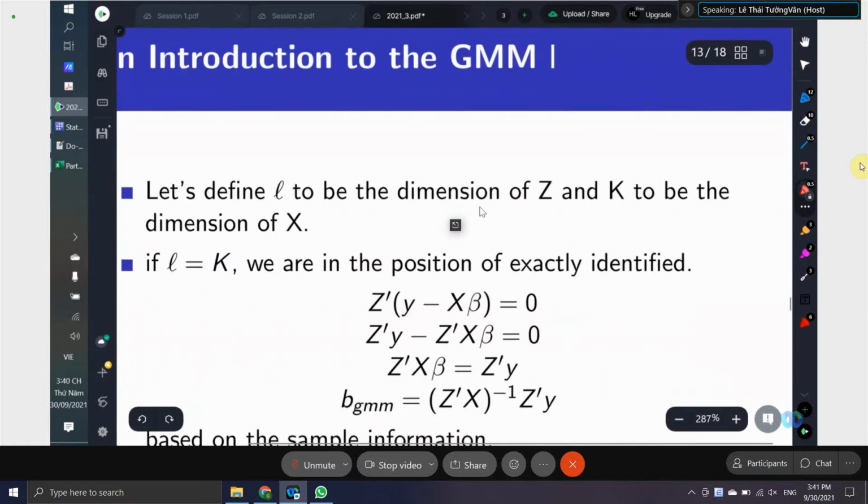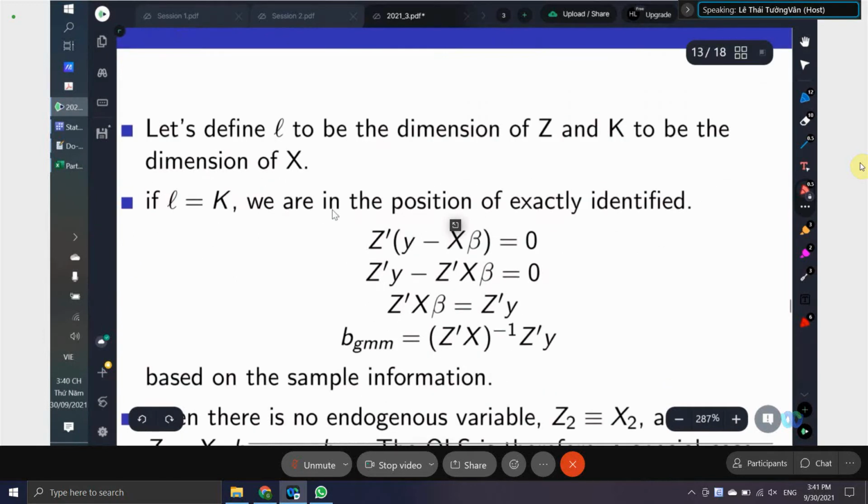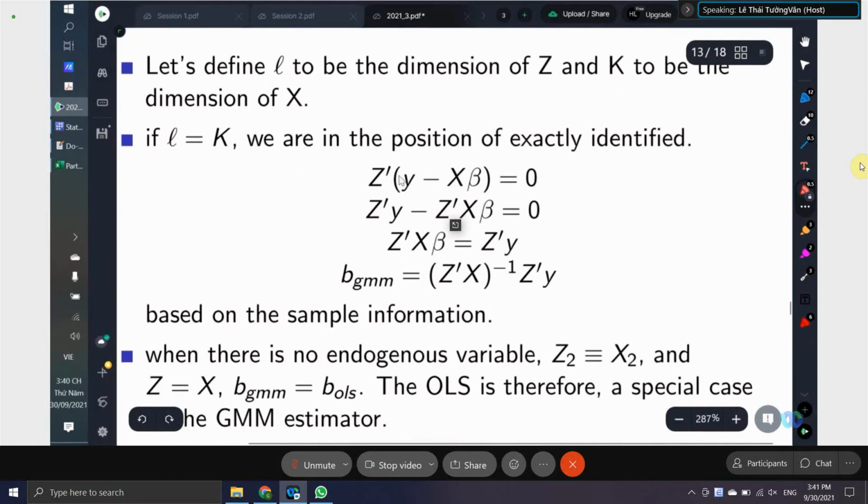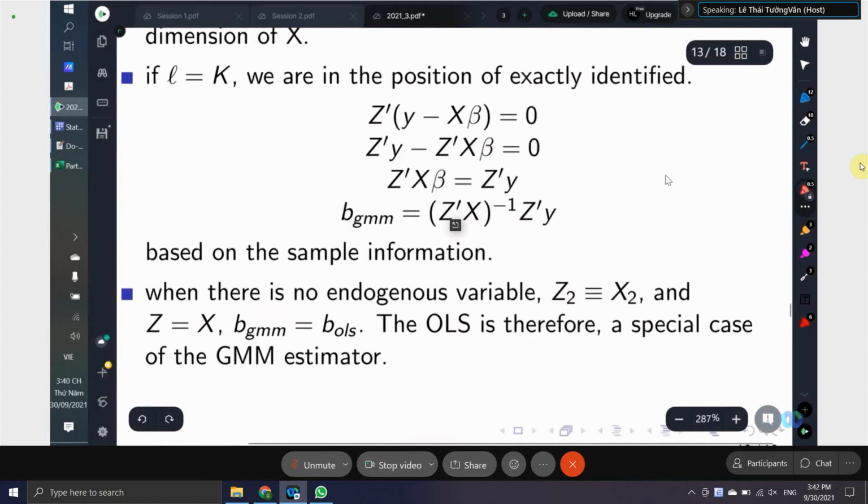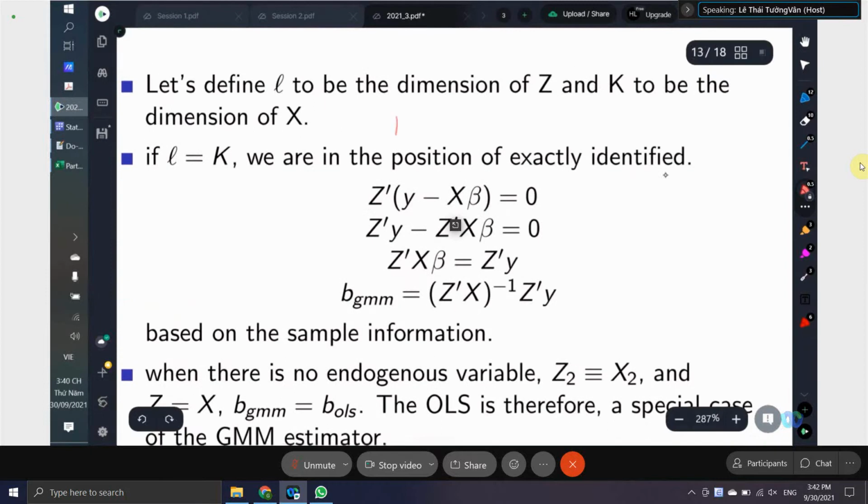Let's define L to be the dimension of Z and K to be the dimension of X. If L is equal to K, we are in the position of exact identification, meaning that the expectation of Zi epsilon i is 0, or we can say the summation of Zi ei is 0, or Z prime (Y minus X beta) is 0.